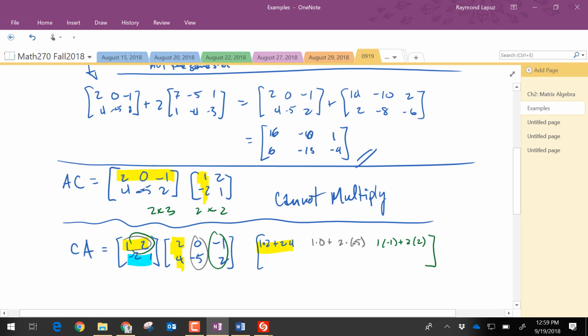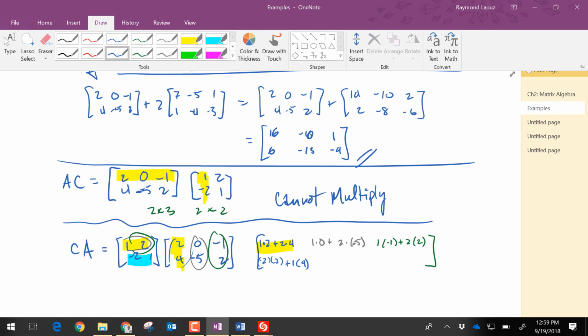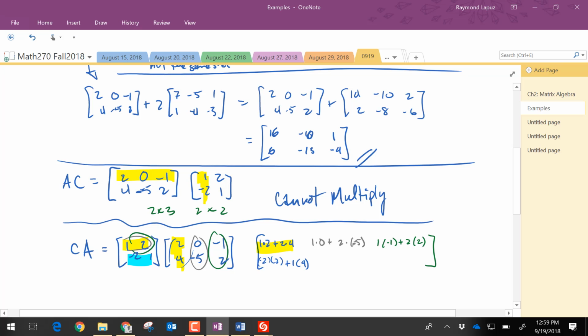So the multiplication here would be 2, negative 2 times 2 plus 1 times 4. And then we'll do the same thing, minus 2 times 0 plus 1 times minus 5.